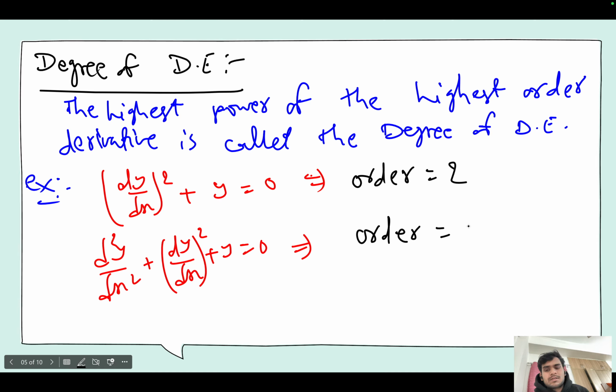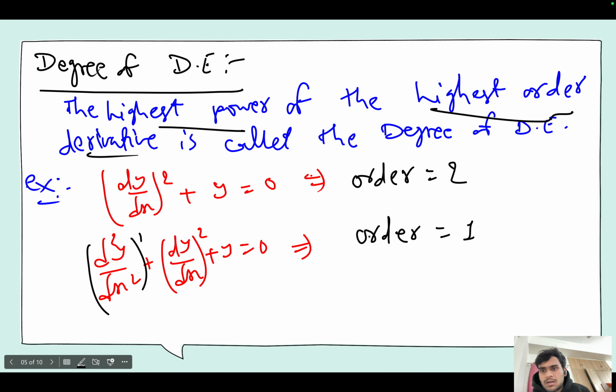How can you say that, sir? Let me tell you, the highest order derivative, the power of the highest order derivative. So this is the highest order derivative and the power of this derivative is 1.